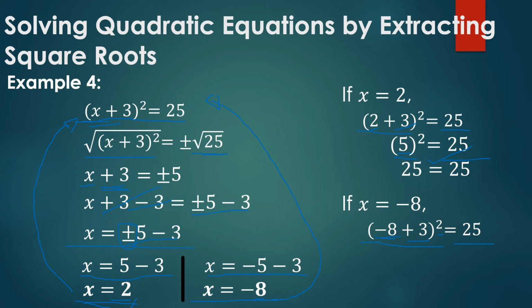Negative 8 plus 3 will give us negative 5 quantity squared equals 25. What is negative 5 quantity squared? That is positive 25. It is equal to positive 25. Therefore, negative 8 is also a root of this equation (x plus 3) quantity squared is equal to 25.